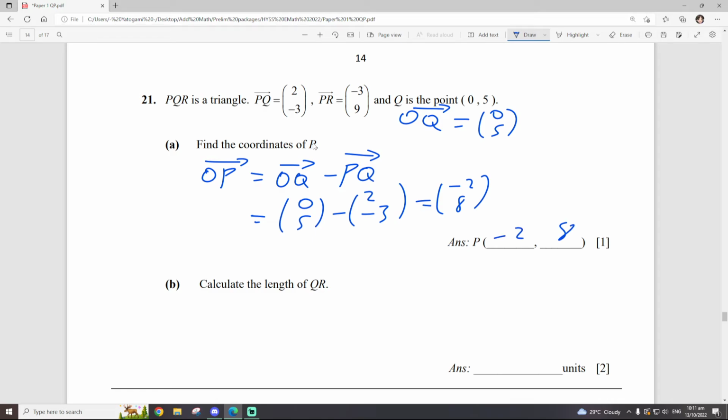Calculate the length of QR. So to get QR, how to get QR?